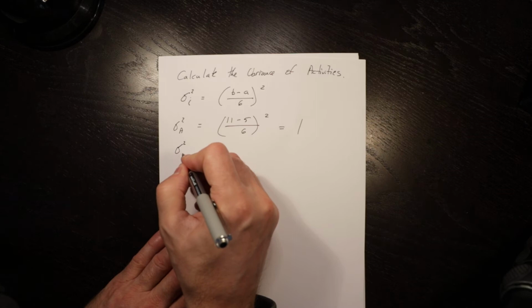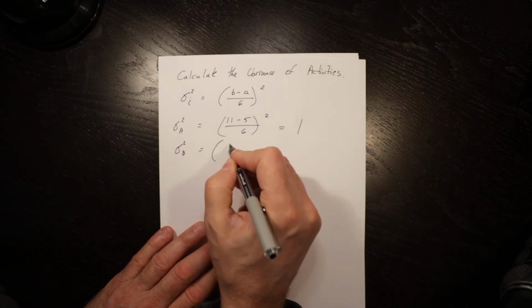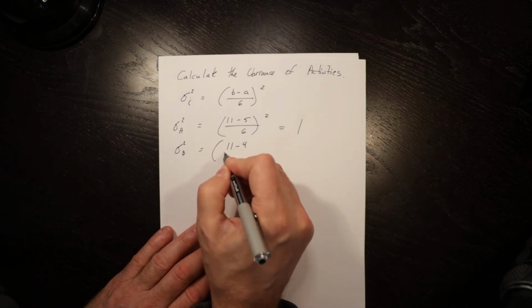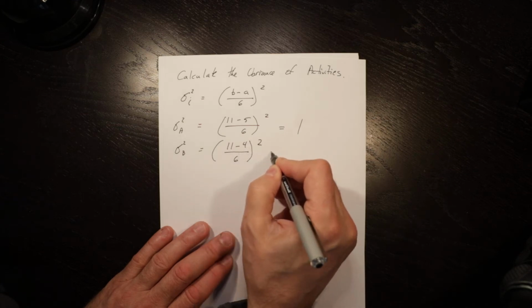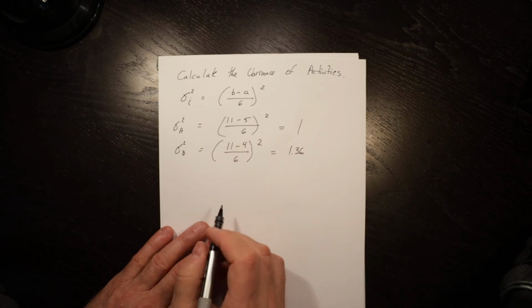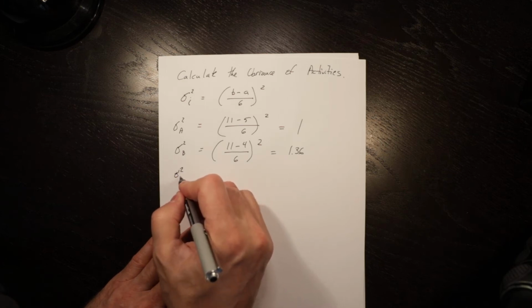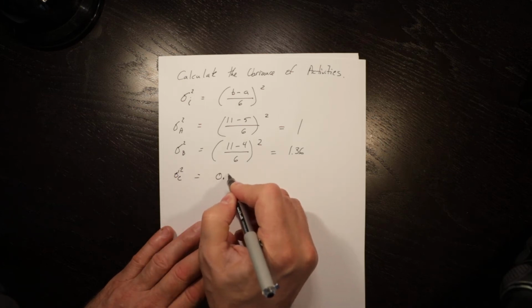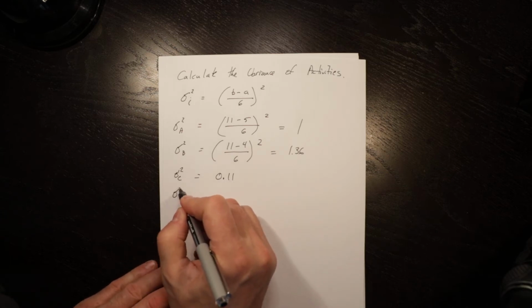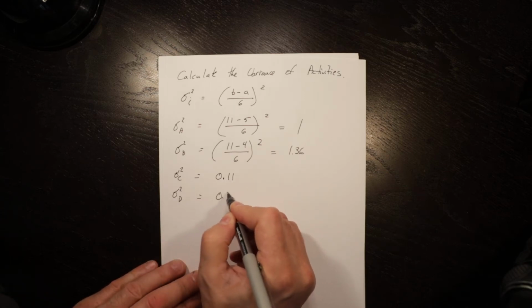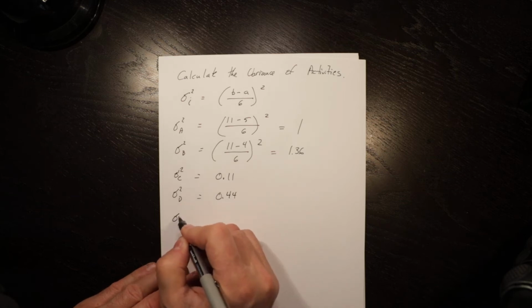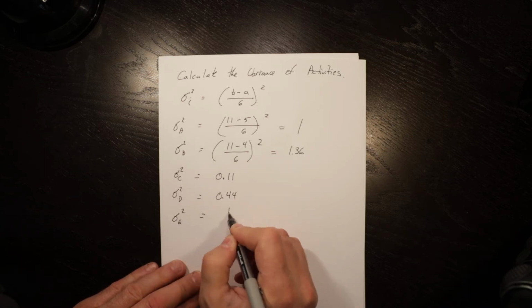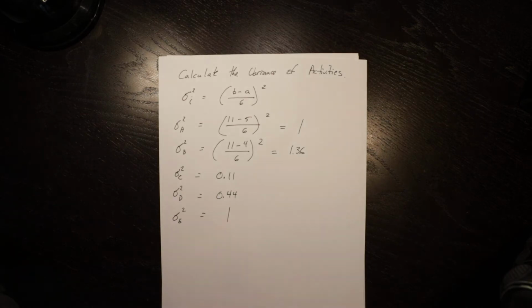The variance of B is equal to 11 minus 4 divided by 6, squared, is equal to 1.36. And we would do the same thing for the others. For C, it's 0.11. For D, it's 0.44. And for E, it's equal to 1. So, calculating the expected value and the variances is a relatively straightforward process.